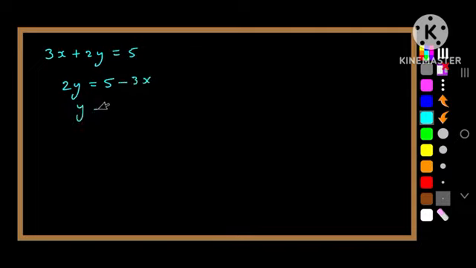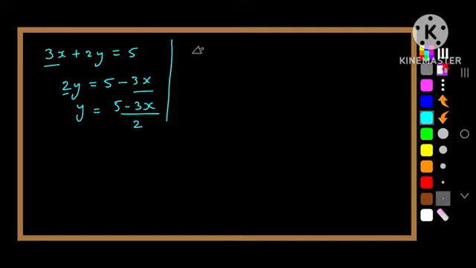So y is equal to 5 minus 3x by 2. So this is the y equation which we are getting. Simply you take this 3x to this side, it will become minus 3x, and again you take this 2 to this side, so it will become divide. So y is equal to 5 minus 3x by 2.